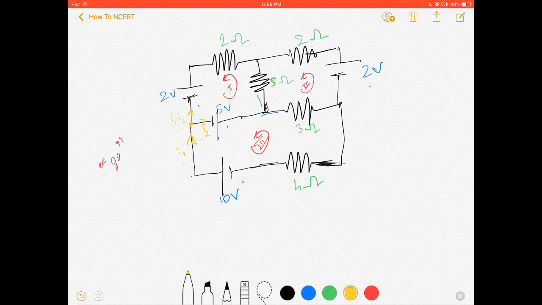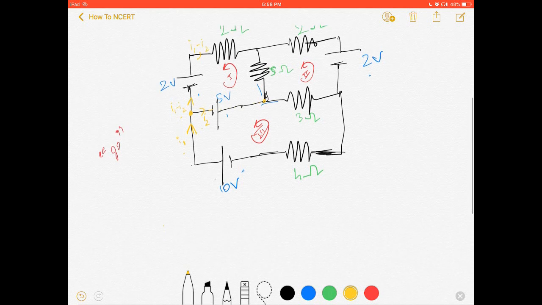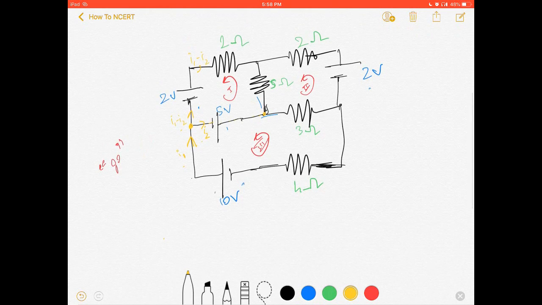Now the current over here is also going to be I1 minus I2. As I go along this branch, at this junction again my current is going to split into two parts. I see three loops, so I feel comfortable taking only three variables. You can take more, but it might get a little messy.